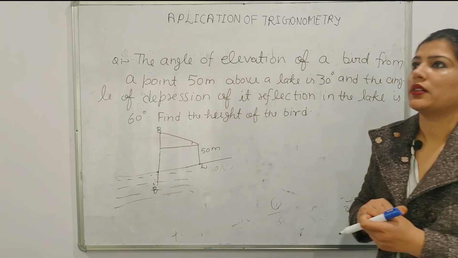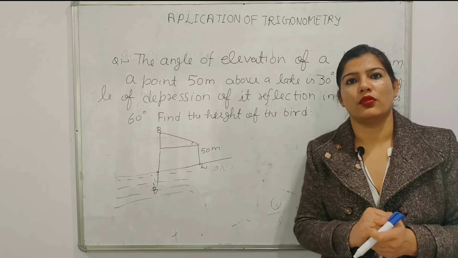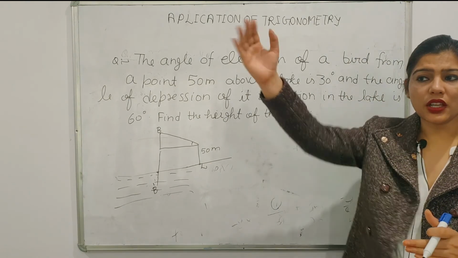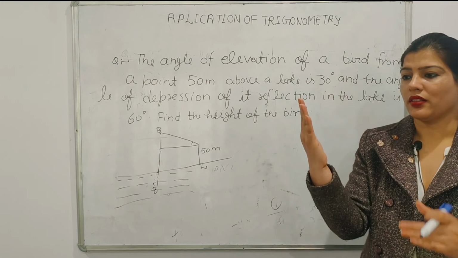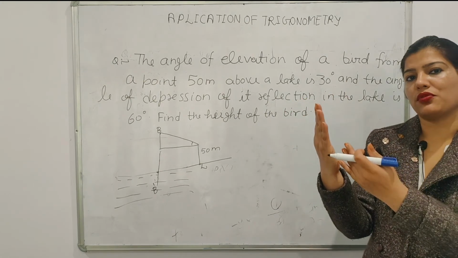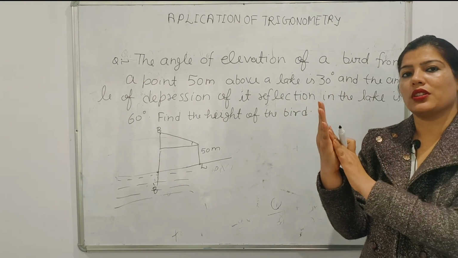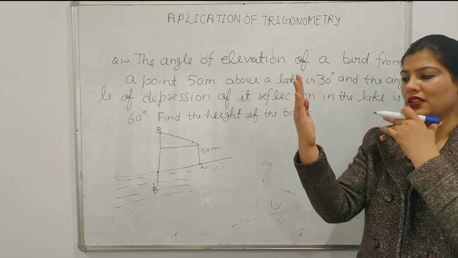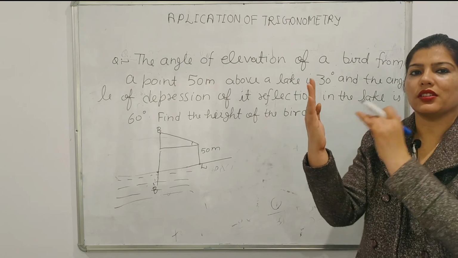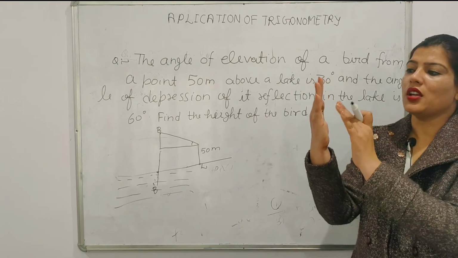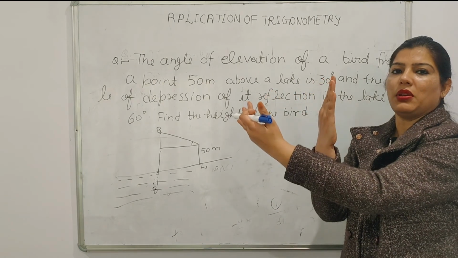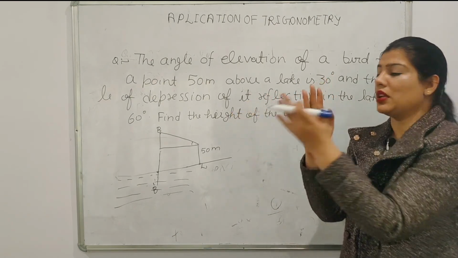If you know the reflection chapter of physics, if there is a plane mirror, the distance of the image will be equal to the distance of the object from the mirror. Whether it is so many meters or centimeters, my face image will be that distance behind the mirror.